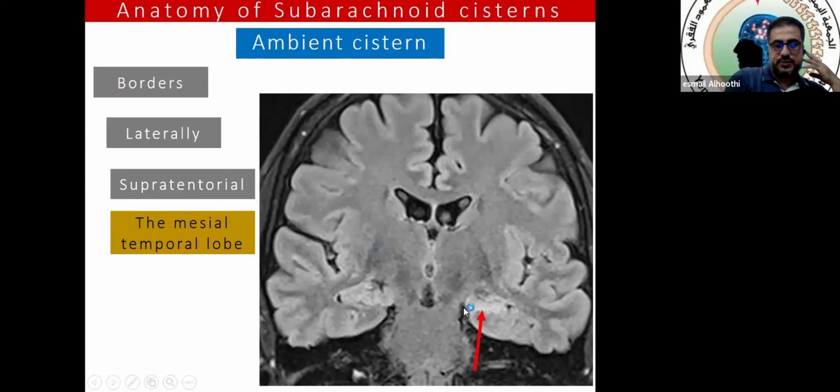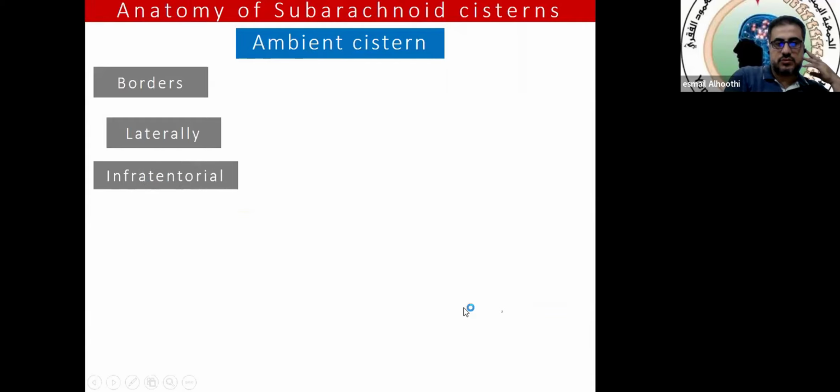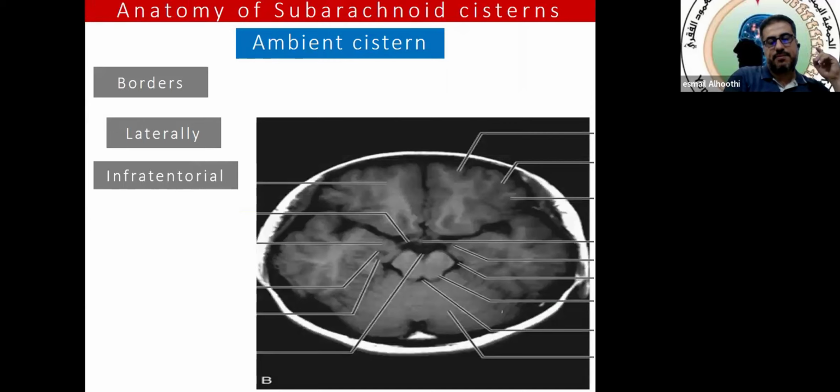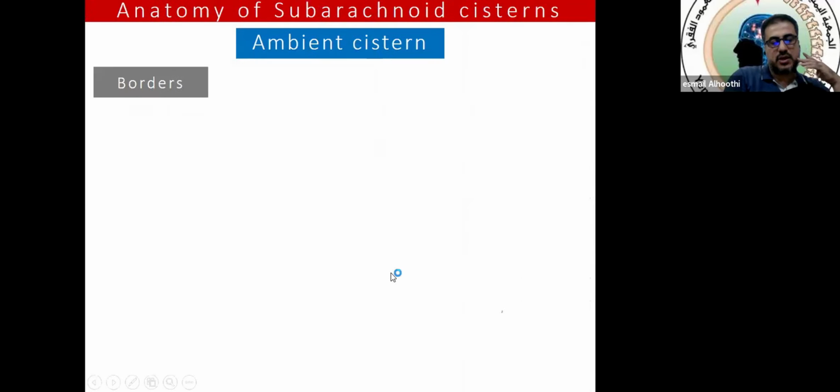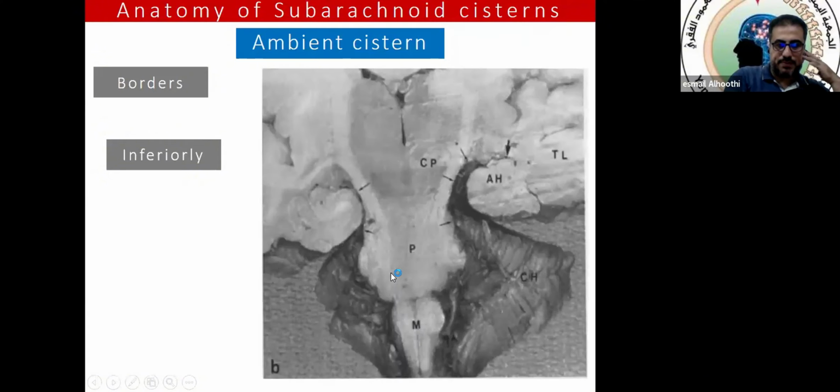Also in this coronal view. In the infratentorial part of the ambient cistern, the lateral wall is formed by the lobulus quadrangularis of the cerebellum, which appears here. So the lateral wall of the ambient cistern has an infratentorial and a supratentorial part. The infratentorial part is the lobulus quadrangularis of the cerebellum, while the supratentorial is the mesial temporal lobe.